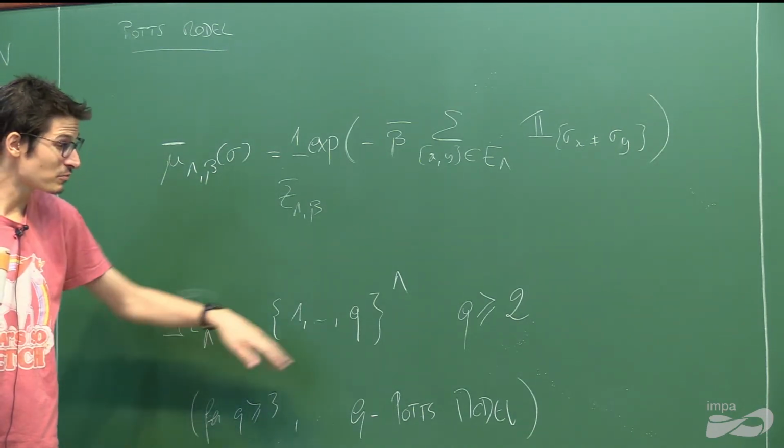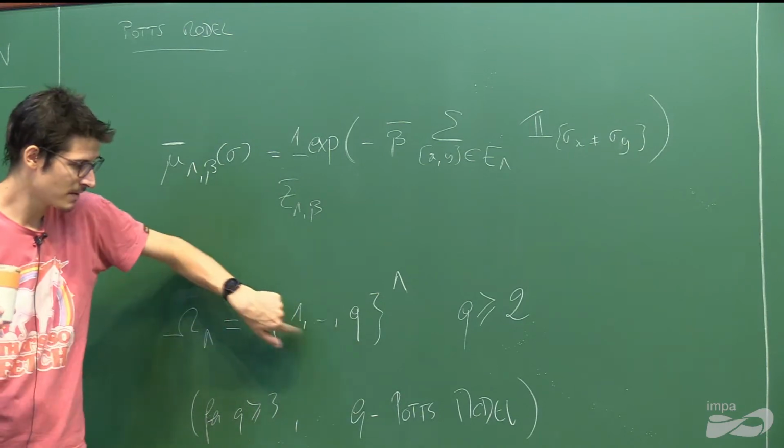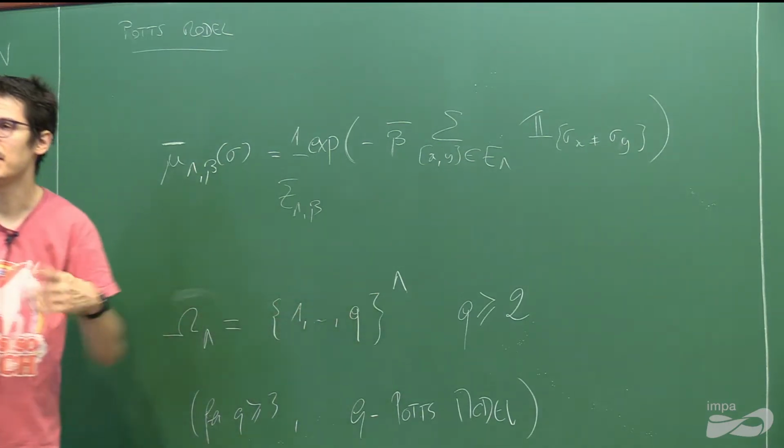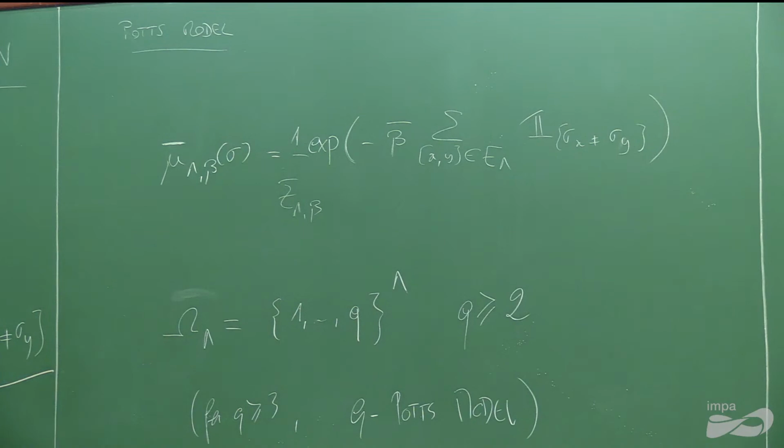But here the problem is that you have a set with q elements, and all the q elements play symmetric roles. So of course, the natural order does not fit this reality, and it will not help you at all.